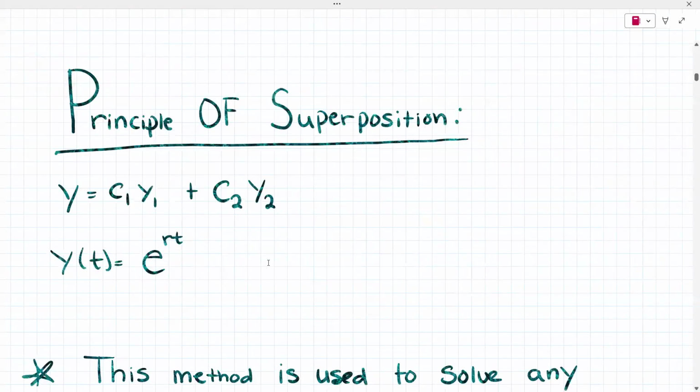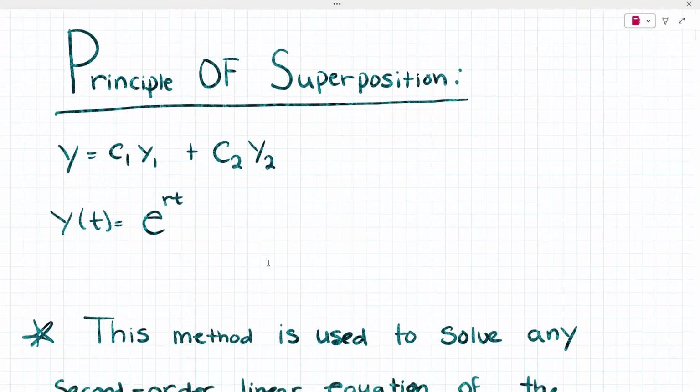Okay, let's talk about the principle of superposition. So you have y equals C1 y1 plus C2 y2, where y of t equals e raised to the rt.